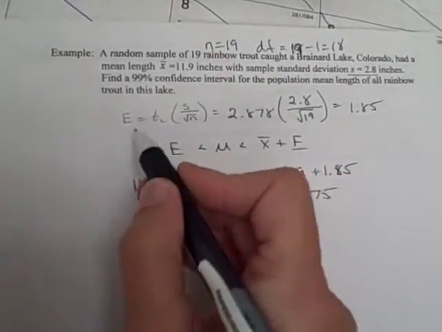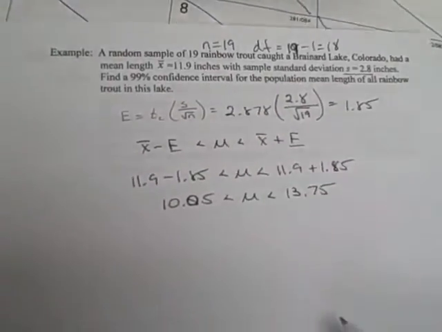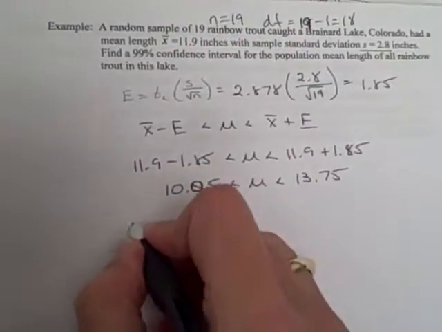All right, so we've got our maximal margin of error. We've got our confidence interval. Now let's write our conclusion, okay?